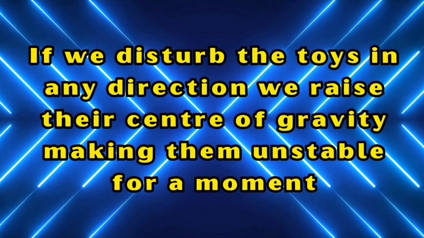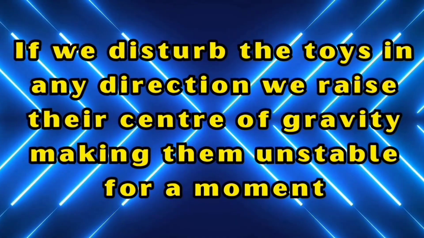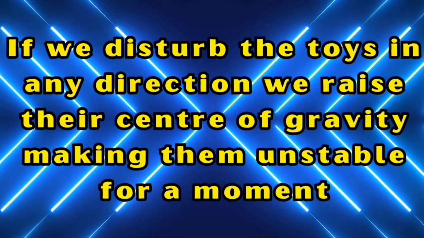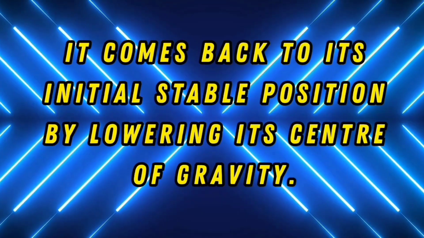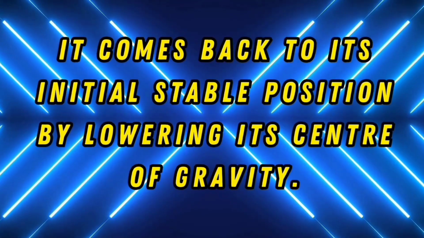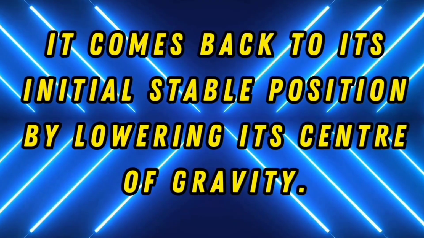If we disturb the toys in any direction, we raise their center of gravity, making them unstable for a moment. It comes back to its initial stable position by lowering its center of gravity.